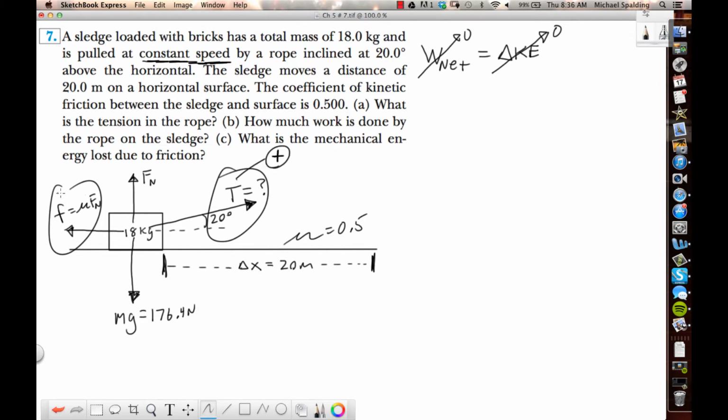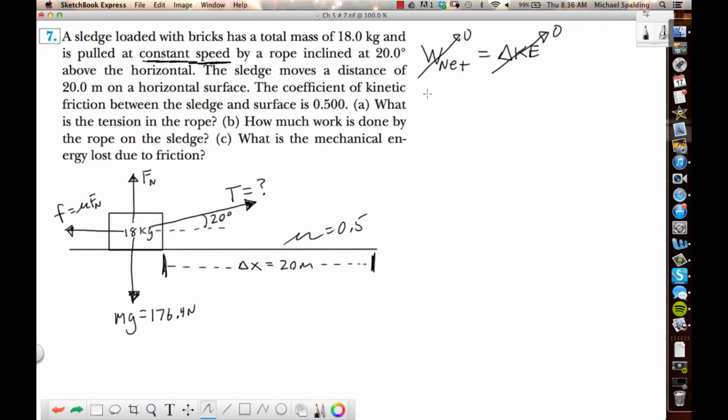Positive work. Friction is doing negative work, right? So the thing that has to be true here, since there's no change of kinetic energy, is that the net work is 0. Well, if the net work is 0, what does that tell us about the work done by tension and the work done by friction? They're equal. These two works are equal.